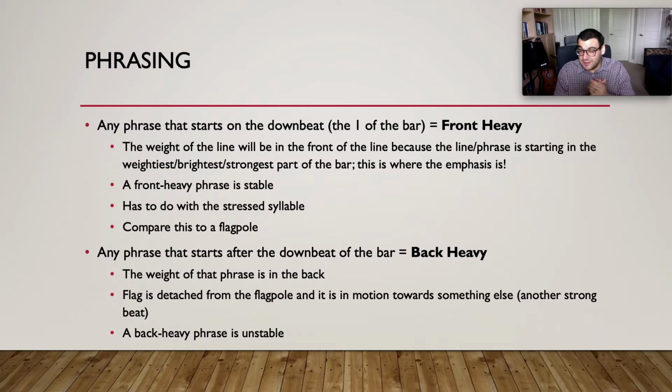Now, if they start on beat 3, that's still front heavy, because that beat 3 is still a strong beat, a stress syllable, but that doesn't happen often. It's either going to happen on beat 1 or beat 2. If it's on beat 1, we call that front heavy. If it's on beat 2, we call that back heavy, and it is unstable because it's not right on the downbeat of the strong beat.